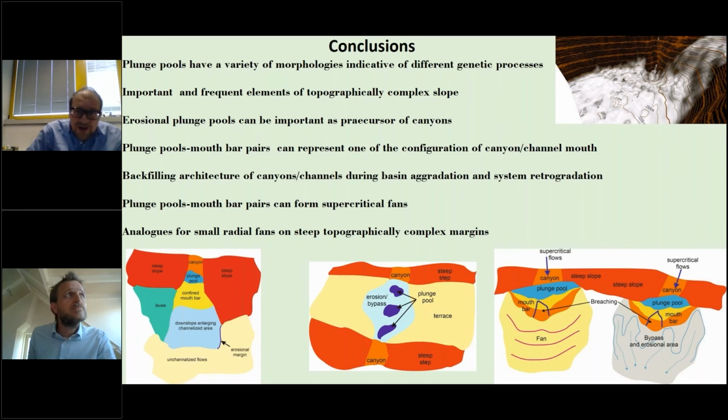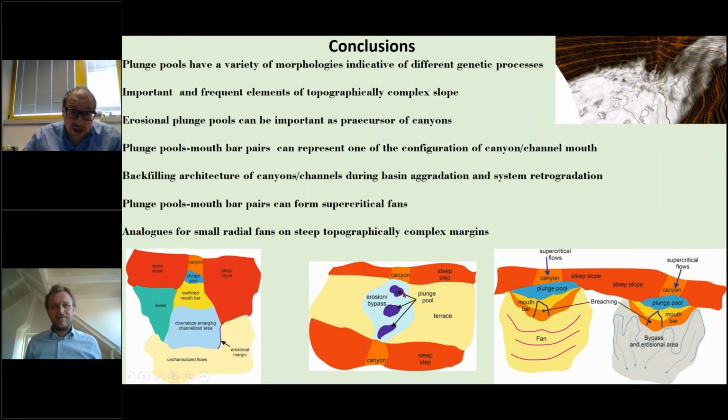So I would say that if you look at the erosional type of features, the differences are very smooth, because I think there's a passage between the plunge pool and a really formed canyon.